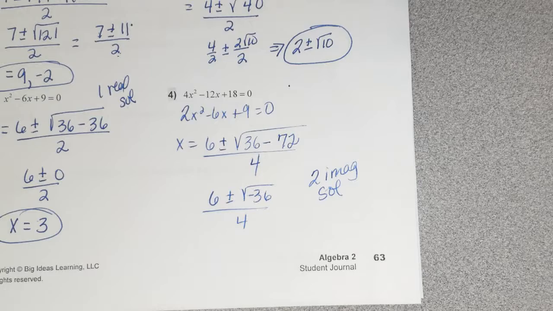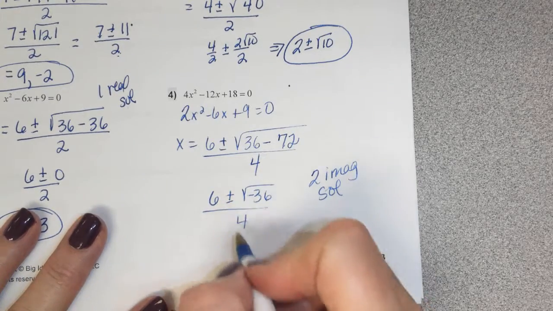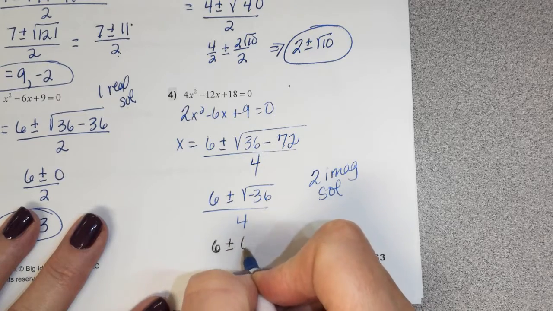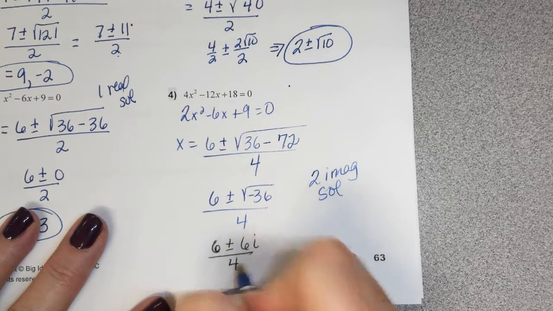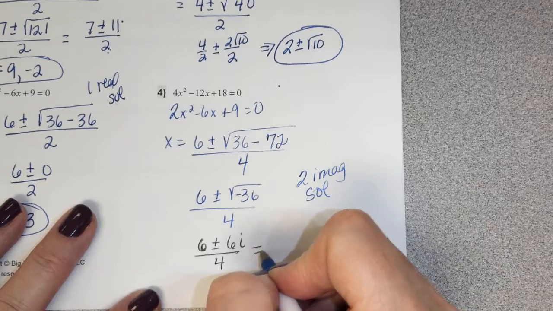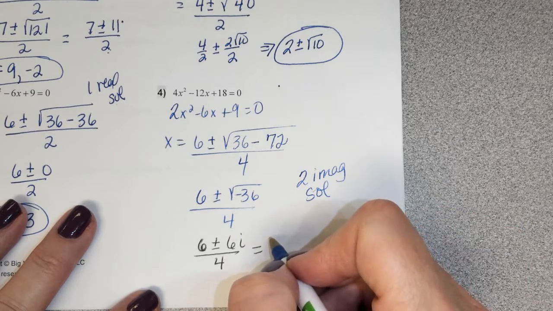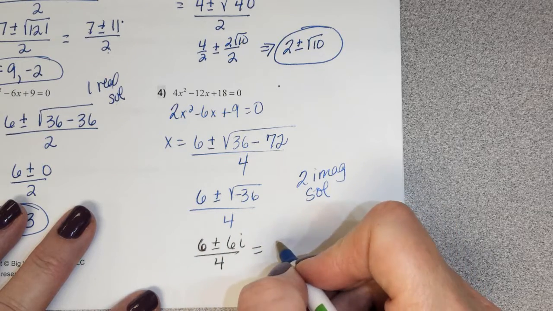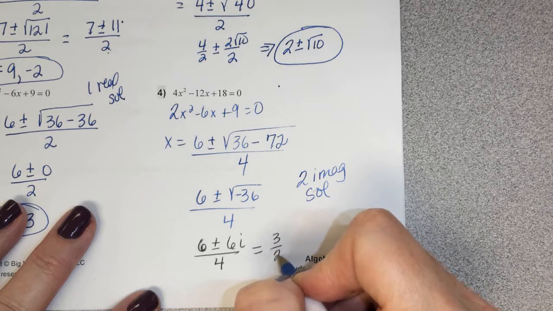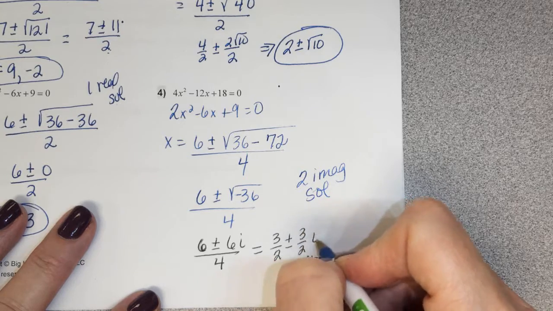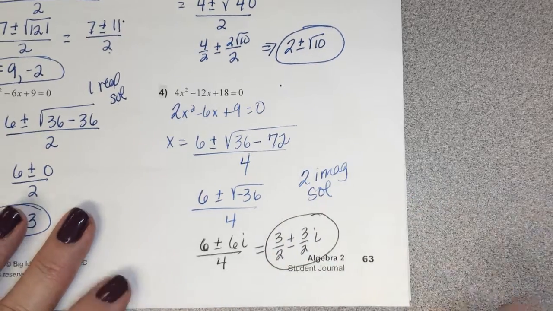No x-intercepts. So my solutions are going to be 6 plus or minus 6i all over 4. What does that simplify to then? Put this over and reduce it. 3 over 2 plus or minus. What's another name for 3 over 2 as a decimal?